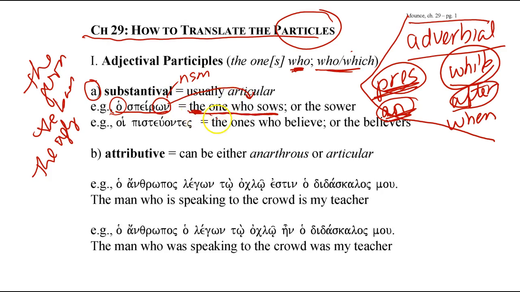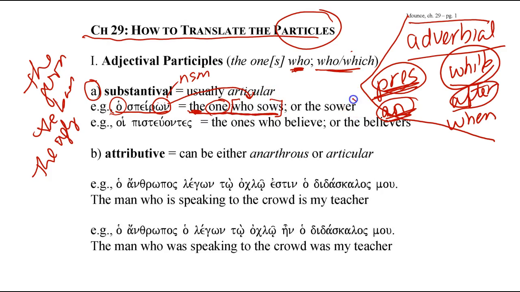The article tells us that it's being used as a noun rather than as an adjective because there's an article in front of it. And so we're artificially going to use the word one. I mean, it could be the person, but we'll just use the one. And then the participle is being translated as who sows, so the one who sows.